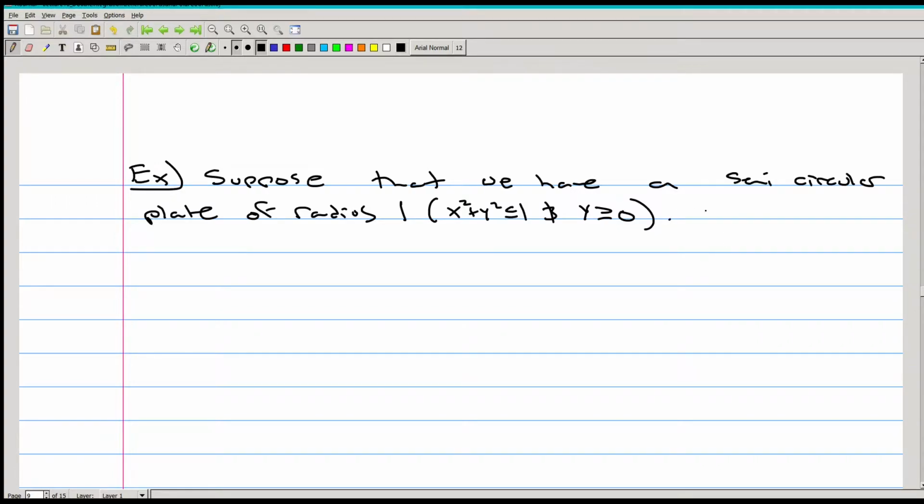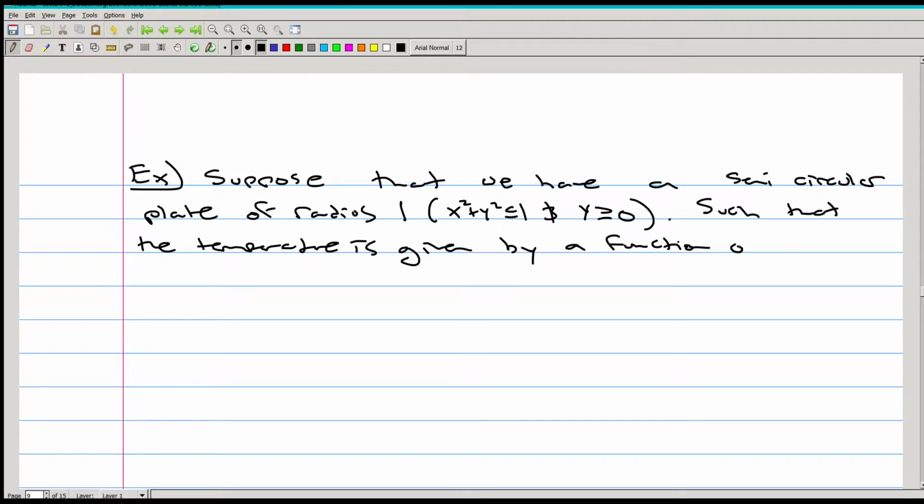Such that the temperature is given by, and we'll say at each point x, y, it's given by a function of x and y.